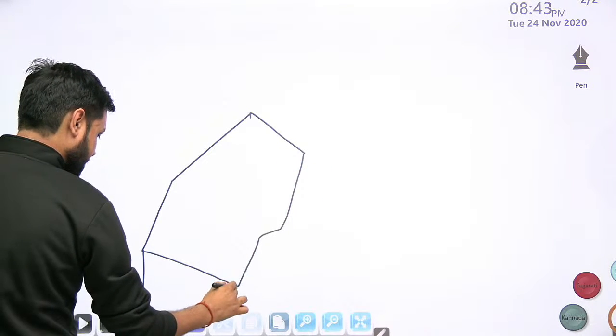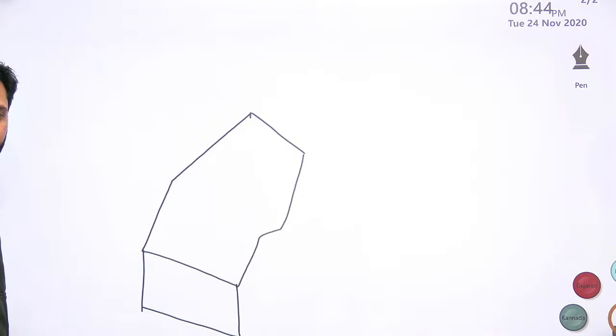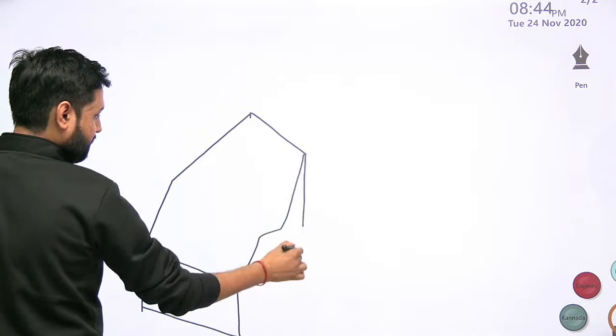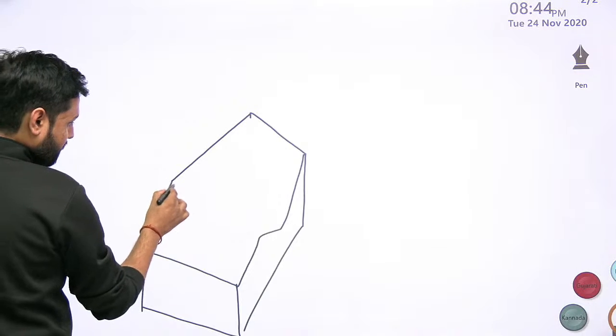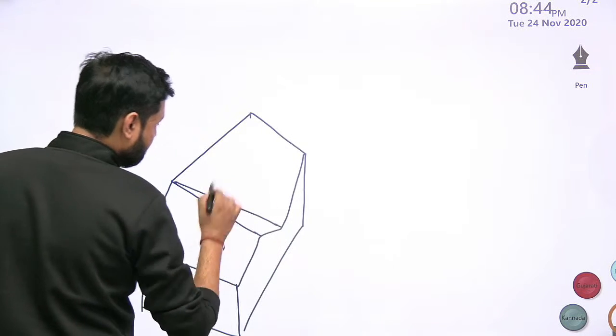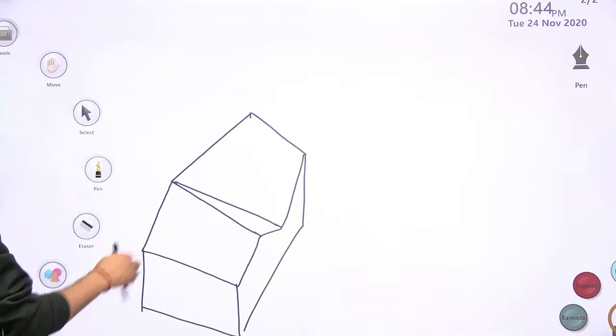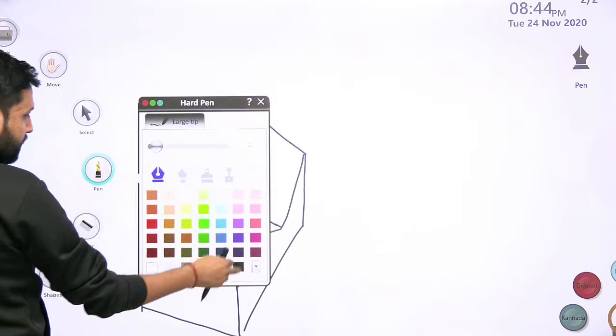This is your tool, right, my dear? I hope you are able to see. I am just drawing it roughly, but it's looking quite good. Now we have certain planes. Let me show you the planes now.